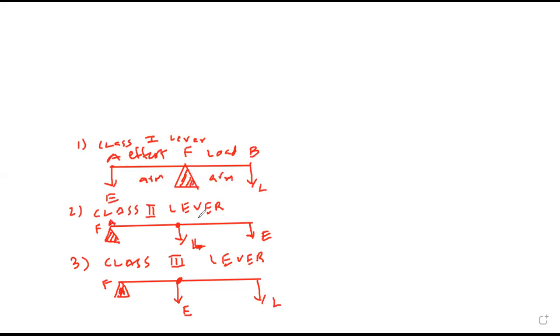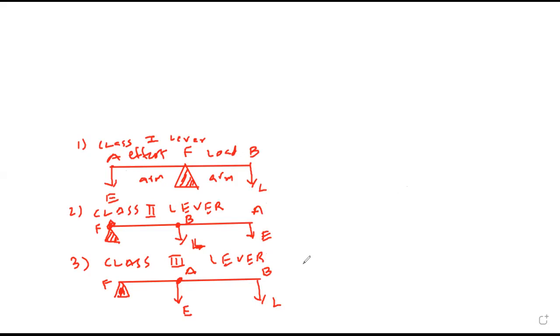At A we have effort, and at B we have load. F is the fulcrum. All the three are followed diagrammatically.